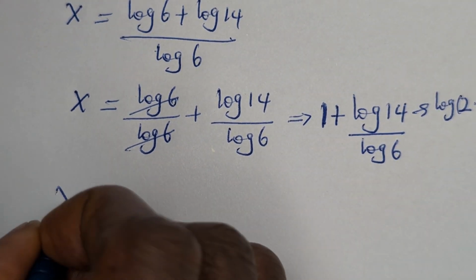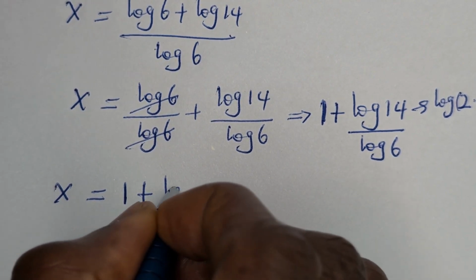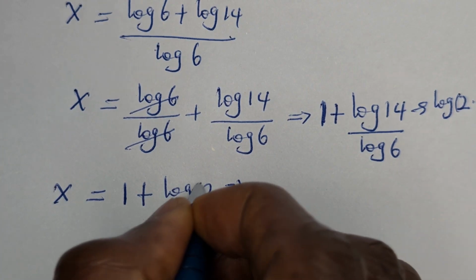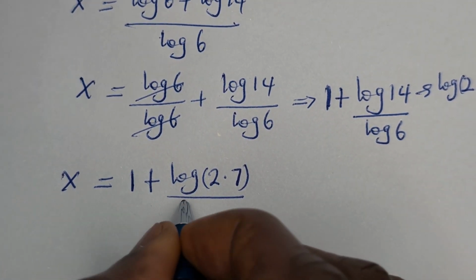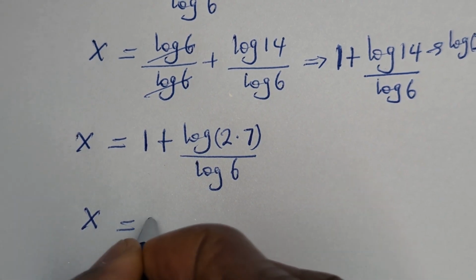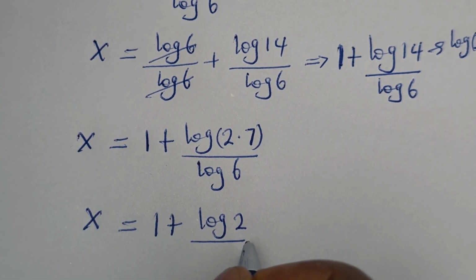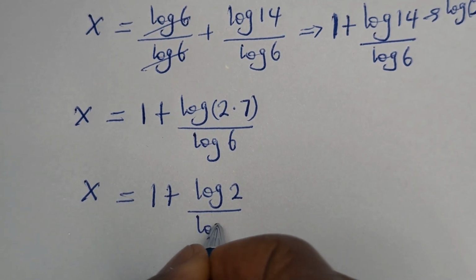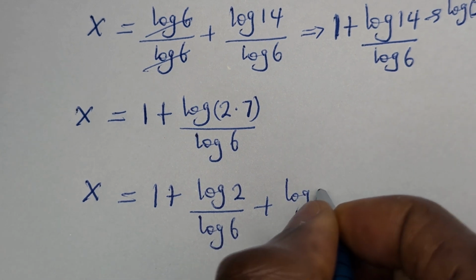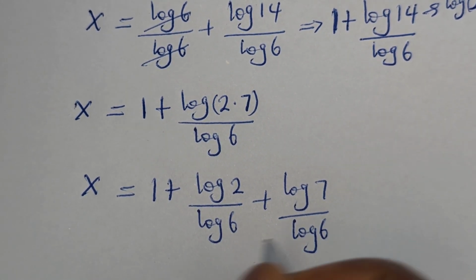Then x is equal to 1 plus log 2 multiplied by 7 divided by log 6. x is equal to 1 plus log 2 divided by log 6 plus log 7 divided by log 6.